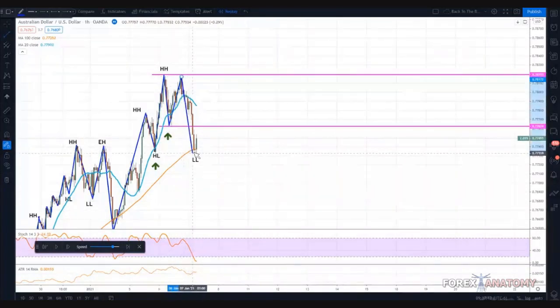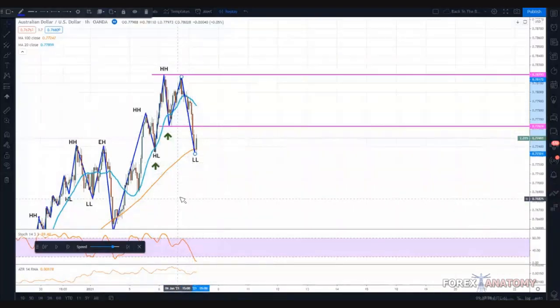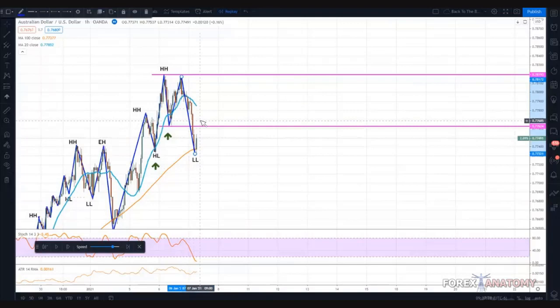But then right here, we have what you would consider to be a lower low. And what we want to do right now is wait for price to correct and form that lower high. And 20 SMA still sloping downwards. So we're looking for a sell setup.